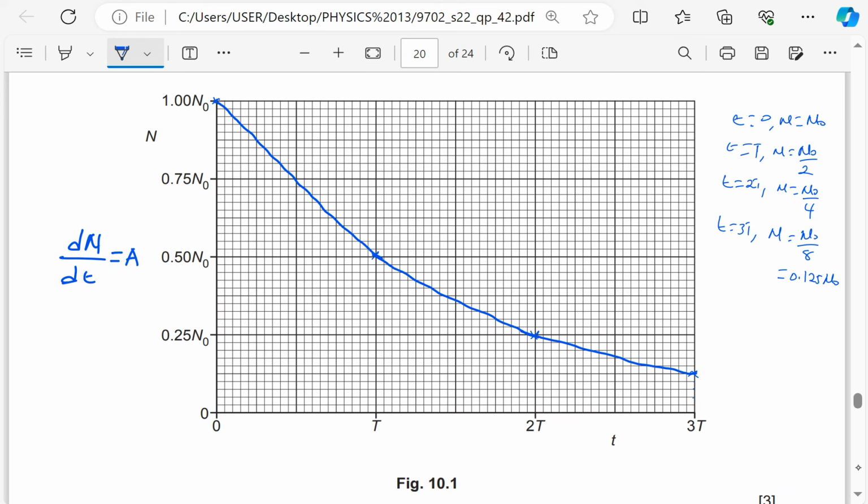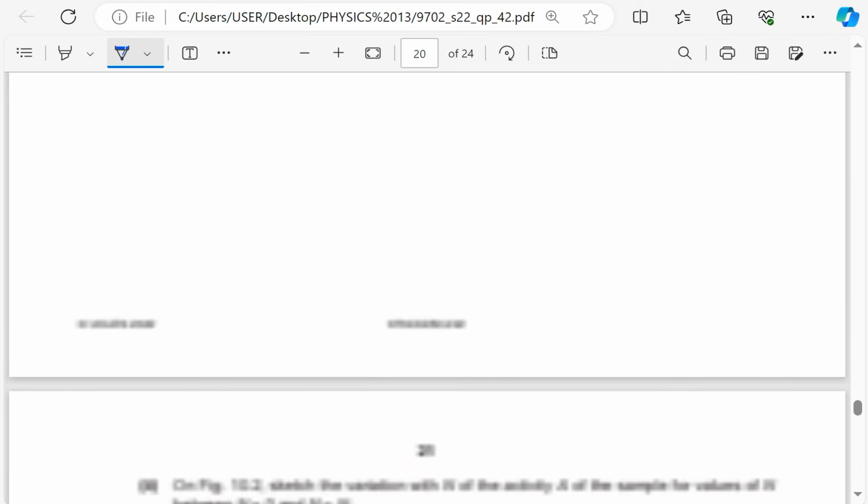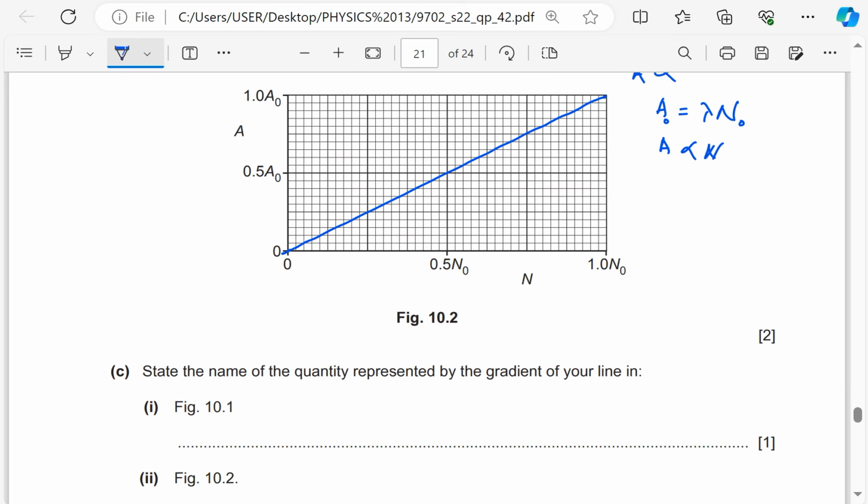Activity is the number of nuclei decaying per unit time. So the gradient represents activity, because it's change in N on the vertical over change in t. Number of nuclei decaying per unit time, that is activity, or the probability of decay.